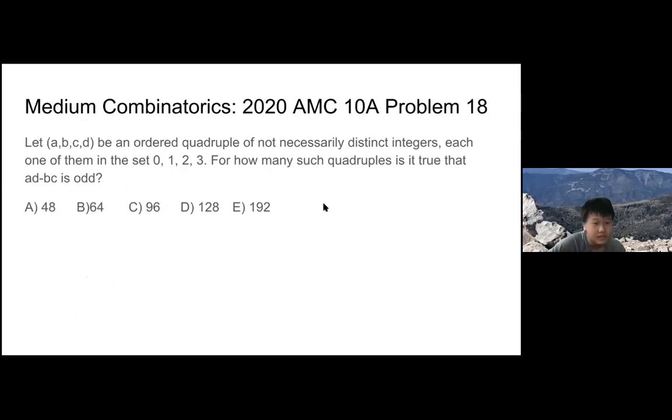So William says they are all divisible by 4. Are you saying the answer choices? Okay, so we know the answer is divisible by 4. In fact, they're all divisible by 16, but... Okay, I should probably give a first step. So if AD minus BC is odd, that means you either have AD as even and BC as odd, or you have AD as odd and BC as even.